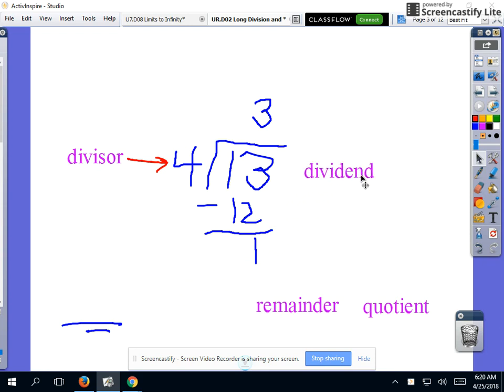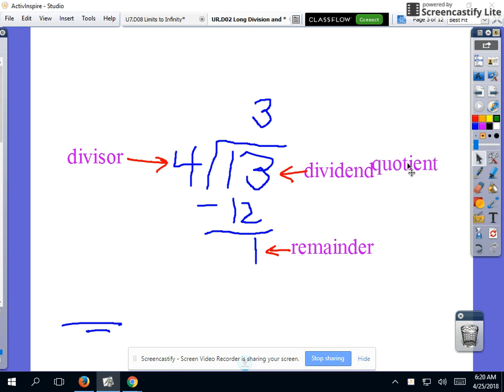So this guy is the dividend, okay? The remainder is what comes down here. And then sometimes we put R1 or whatever. And then our final answer, or the final up on the top, is called the quotient.